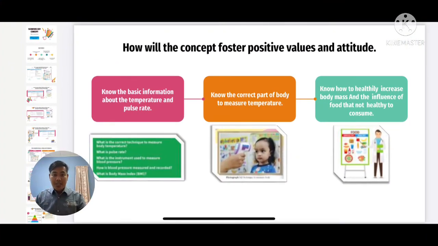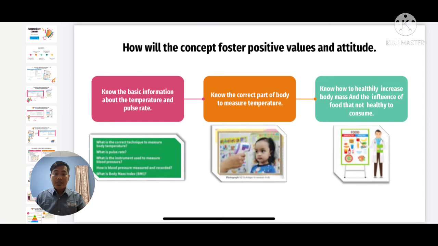The last question is how the concept will foster positive values and attitudes. This concept can foster positive values and attitudes if it has been implemented in their daily life. For example, students need to know the basic information about temperature and pulse rate.